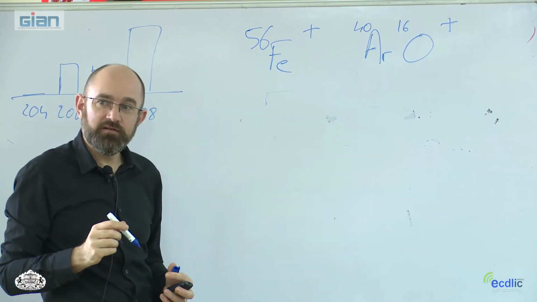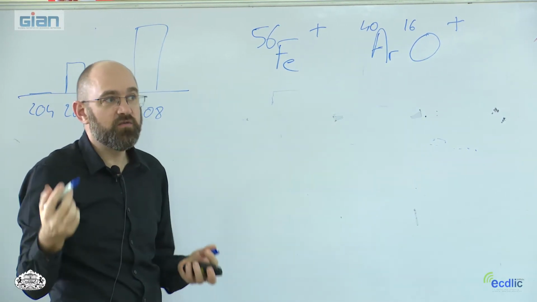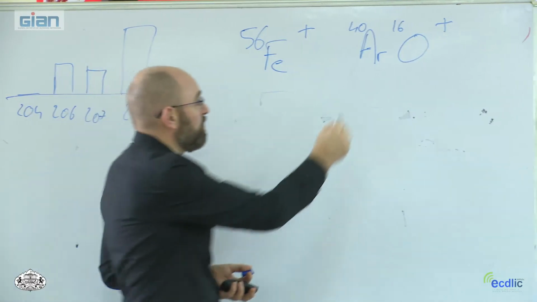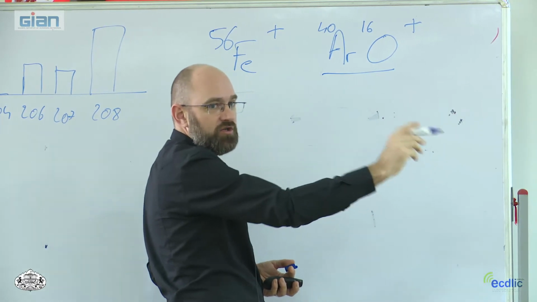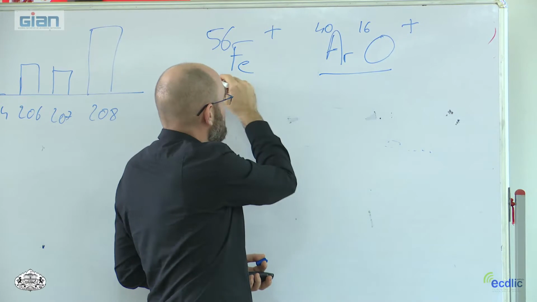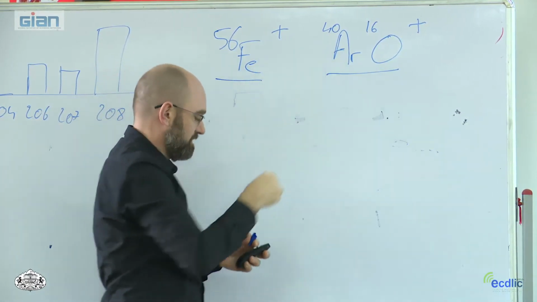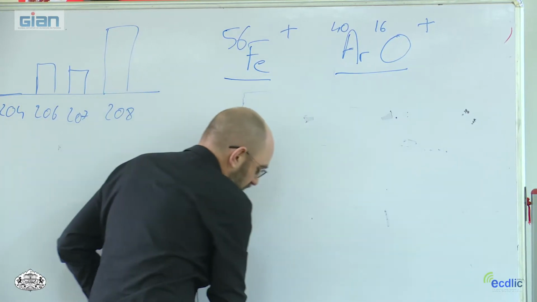So when you are measuring, because you are in the plasma, and the plasma ionizes everything, and the plasma is also an argon plasma at atmospheric pressure, if you produce this, it will be accelerated the same way in the machine. It will not be filtered because it's 56. And so when you are measuring 56 iron, you are measuring the sum of this and this. And this is the tricky problem with ICP-MS. We are creating a lot of oxide and argide interferences.